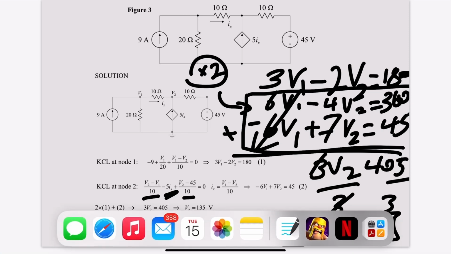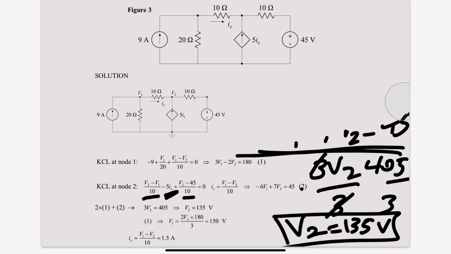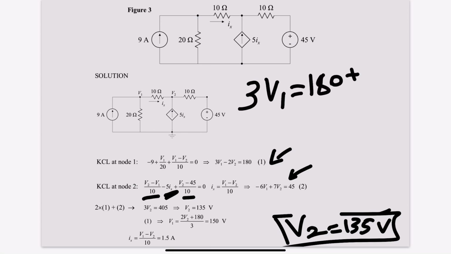Once we get this answer, we're going to replace it in the V1 equation. We can choose replacing this V2 value in equation 1 or 2. So I will choose 1. So 3V1 is going to be equal to 180 plus 2V2. I took this to the other side.